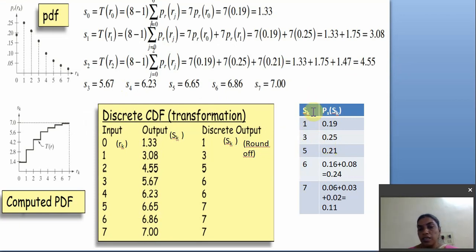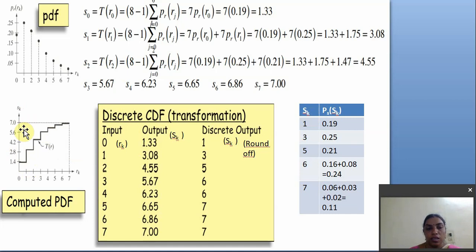SK is 1, 3, 5, 6, 7 and PS of SK is like this. After applying the transformation operation, L minus 1 times the summation of PR of Rj, you get SK. That means you should draw the transformation characteristics between SK and RK.